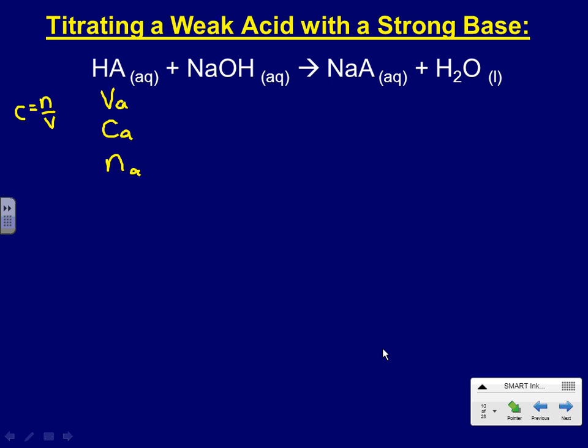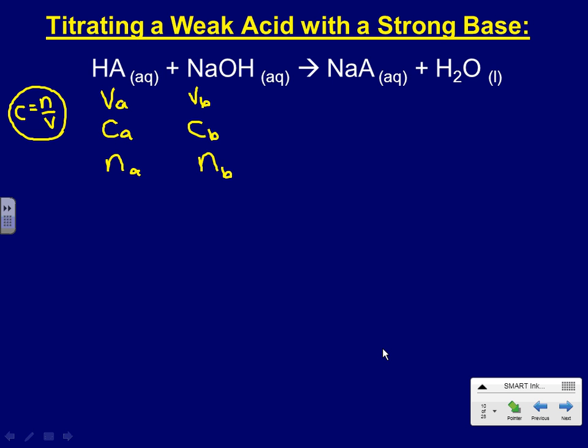Now, instead of doing a mole ratio conversion run, I'm just going to make note of the volume of base used, the concentration of base, and then the number of moles of base. All right? So I'm going to think in terms of those three things. And they all can be calculated and intercalculated by the equation C equals n over V.